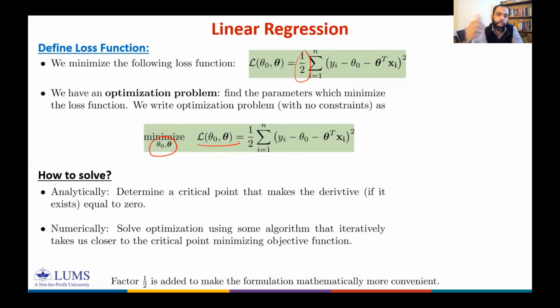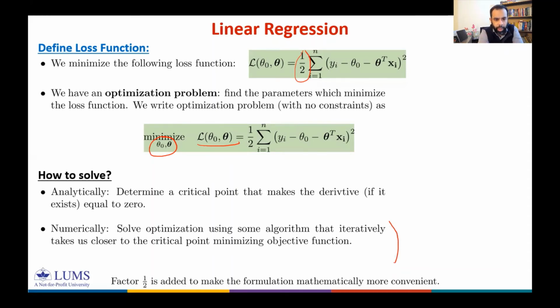Obviously, we cannot have an analytical solution for every loss function, but for linear regression, for this loss function, we can use an analytical approach to find theta naught and theta for which the loss is minimized. After a couple of videos, I will talk about the gradient descent algorithm, which we can adopt to minimize a loss function or solve an optimization problem. Okay, so let's start with the analytical approach.